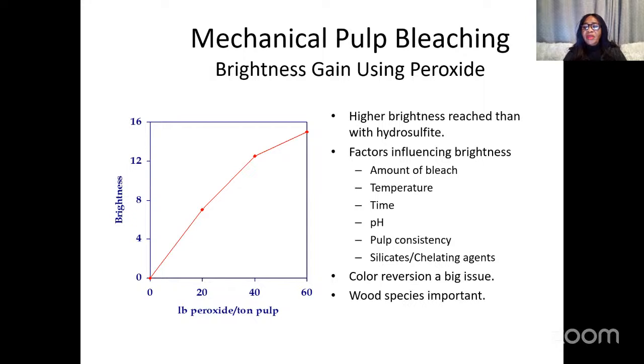Color reversion in this case is not a problem because it's not reforming. Then the wood species is also important. In this case, you're looking at the brightness and the amount of peroxide added.